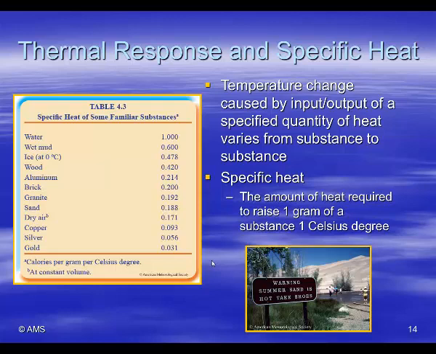As the day wears on, around noontime, you notice that the sand is burning hot, but the temperature of the ocean probably hasn't changed much. This is due to the specific heat of the sand and the specific heat of the water. It takes much more heat to change the temperature of the water than it takes to change the temperature of the sand.